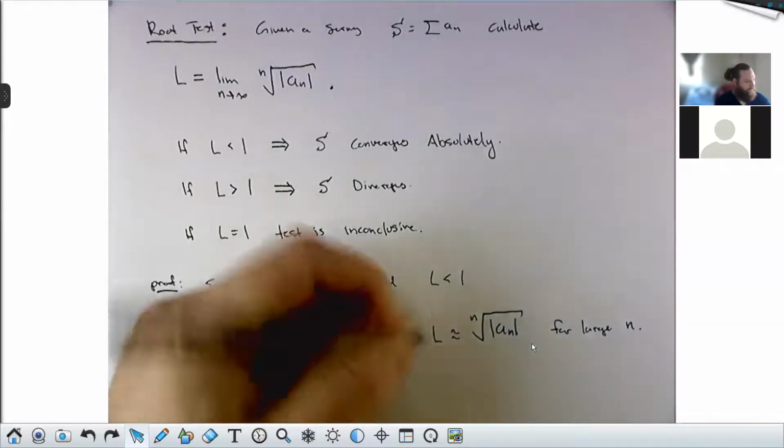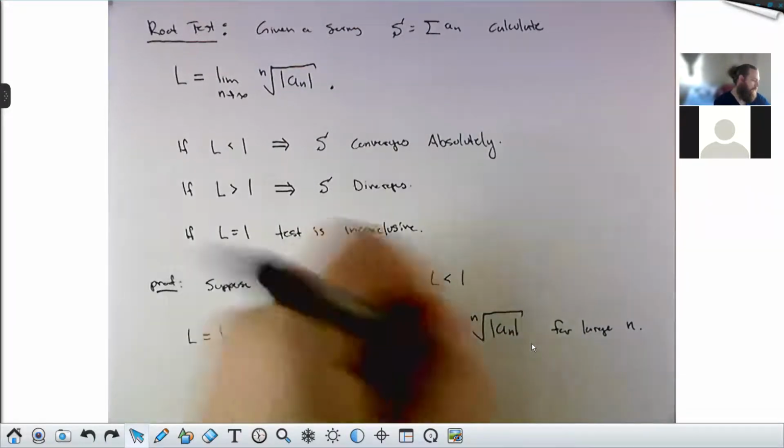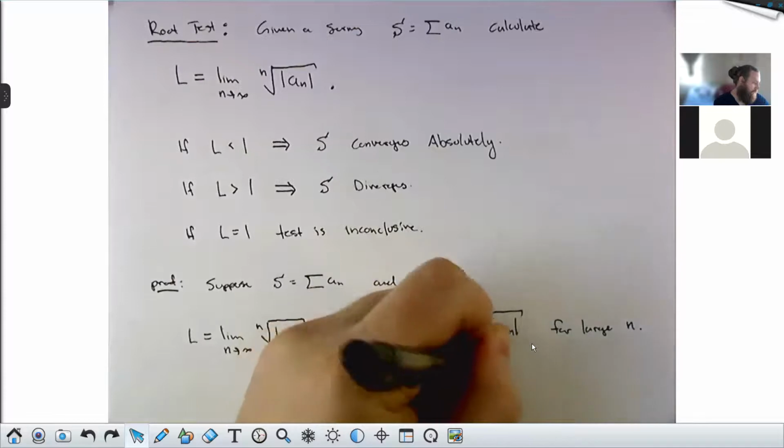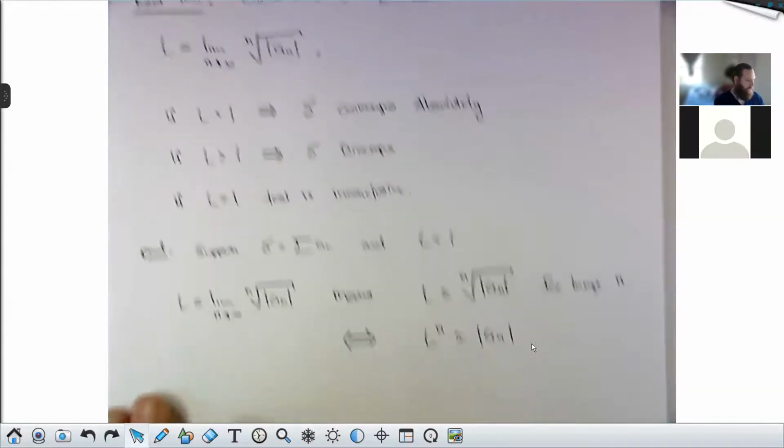Raise both sides to the nth power, and you get that L to the n is approximately the absolute value of an.